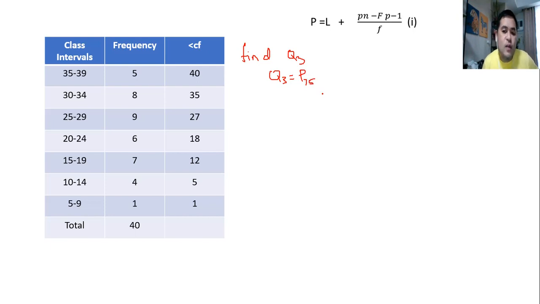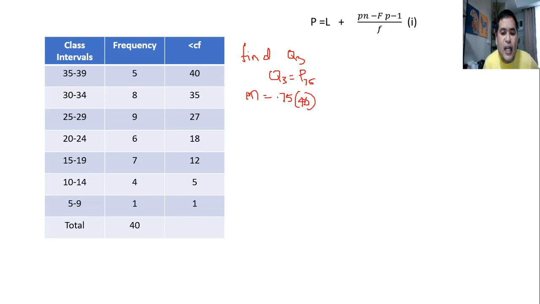Q3 is equal to P75, and we know that P75, of course, is 0.75. So your Pn now is equal to 0.75 times 40.